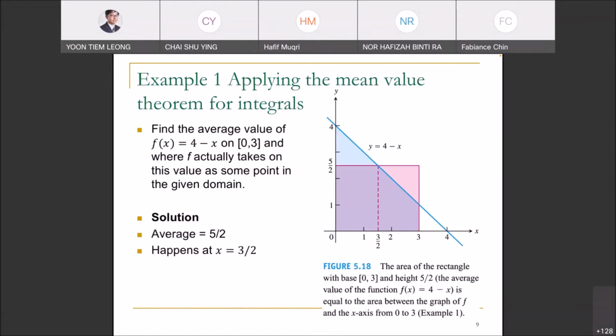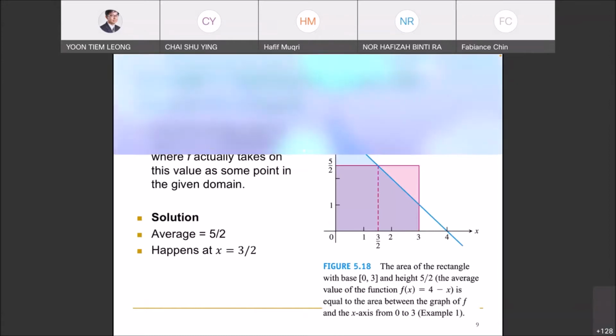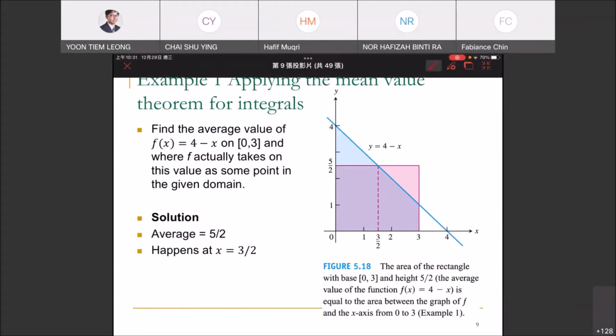Okay, so this is an example where you have a function given by 4 minus x, then you can easily calculate the area of the triangle.